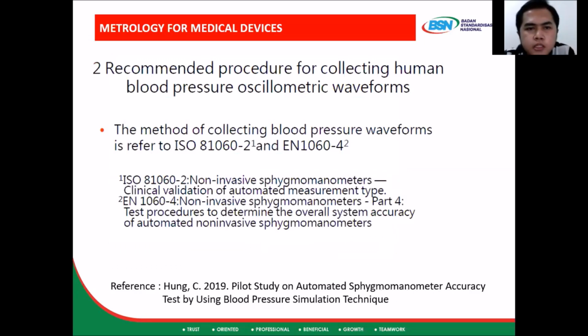But the recommended procedure for collecting the human blood pressure oscillometric waveform refers to ISO 81060-2, which is non-invasive sphygmomanometers clinical validation of automated measurement type, and the second is EN 81060-4, which is the test procedure to determine the overall system accuracy of automated non-invasive sphygmomanometers.